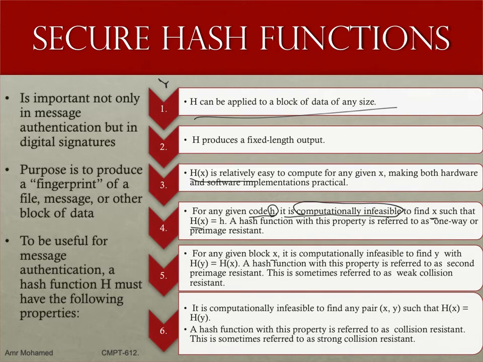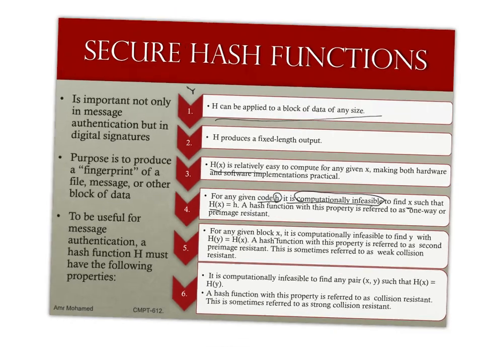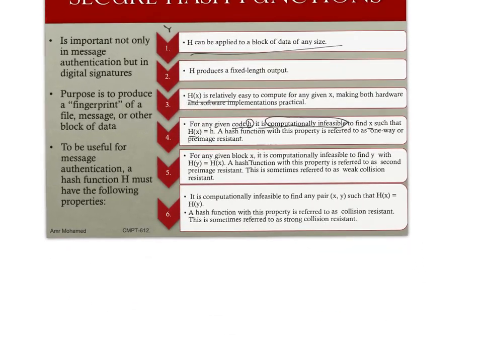What we try to do here is make the collision hard. Collision means two messages produce the same message digest, h of x equal to h of y. That's a collision. Why does this always happen?